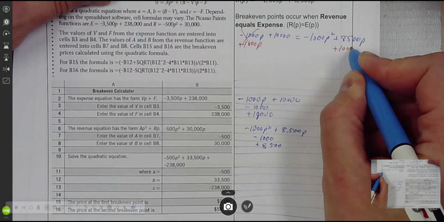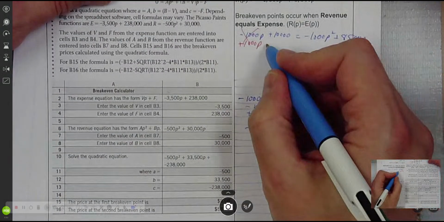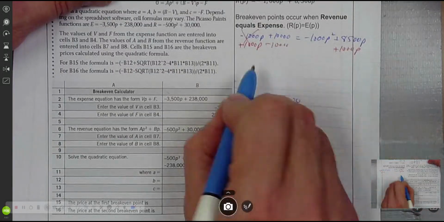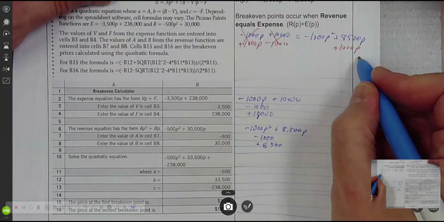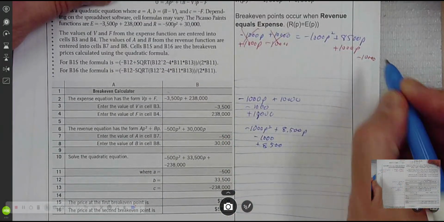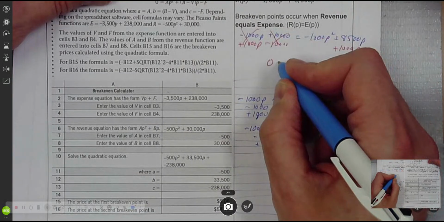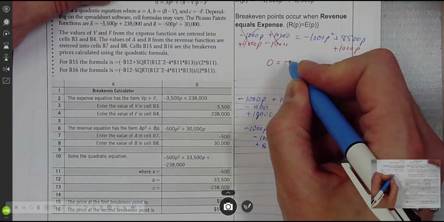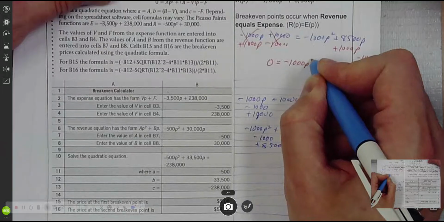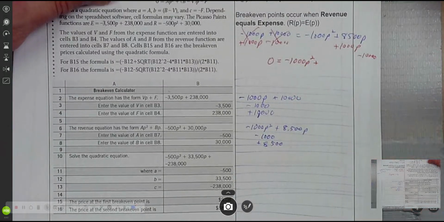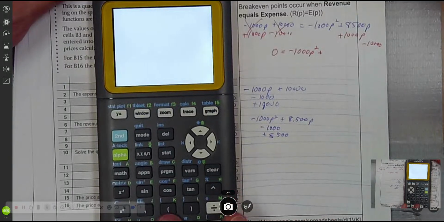So I'm going to add 1,000 p there. I know I'm going to subtract 10,000 to move that this way. That cancels. That means I subtract 10,000 over here. What am I left with? I'm left with 0 over here. That was intentional.